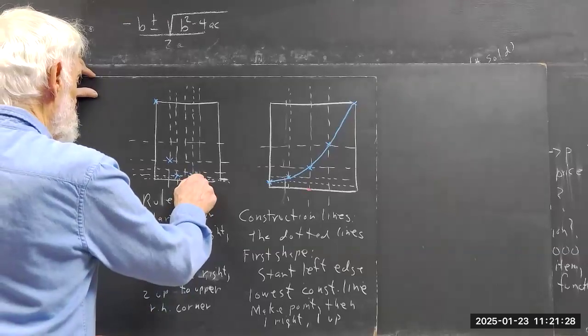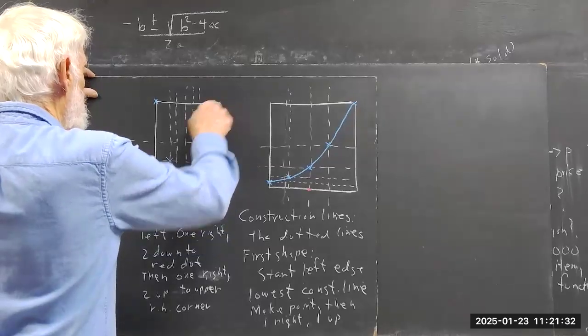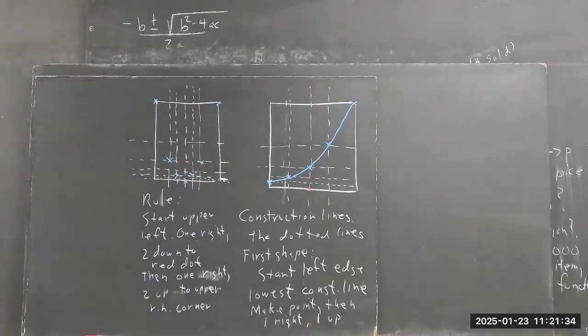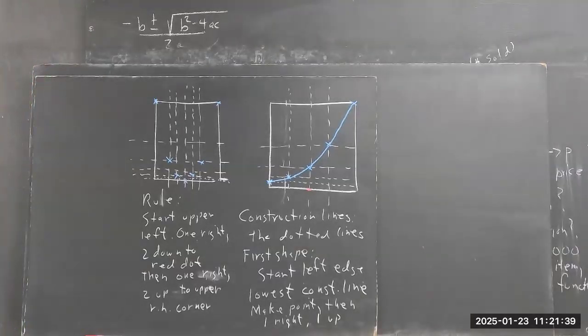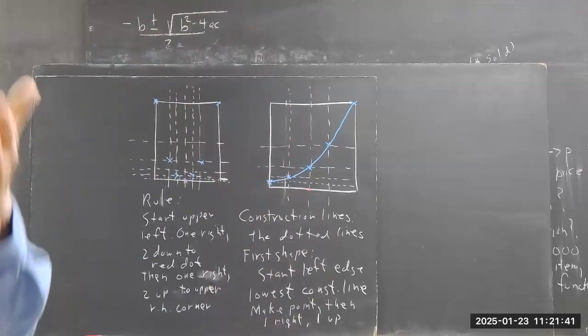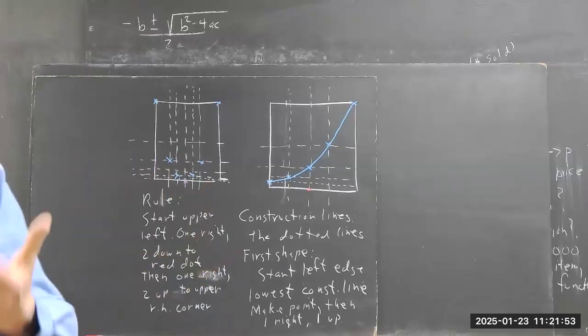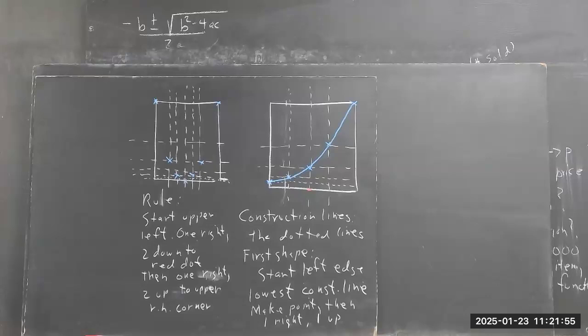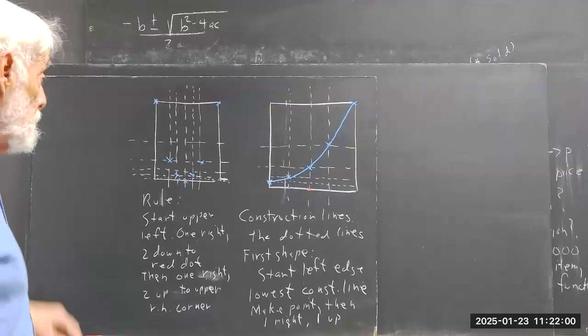So we go one right, two up, one right, two up, one right, two up. And there we have our points. Now I saw some curves that kind of looked like this, but they didn't have the right points. That's fine for today because you weren't required to know how to do these curves today. So it was a good attempt, but make sure you have it precise. Make sure you've got all these points where they belong.